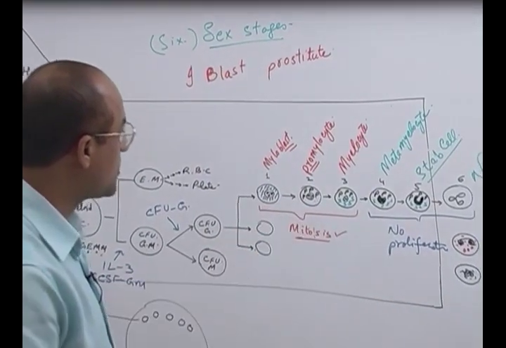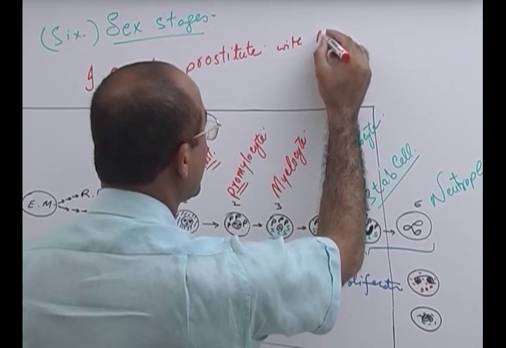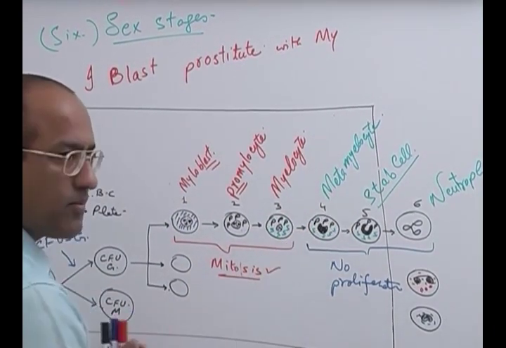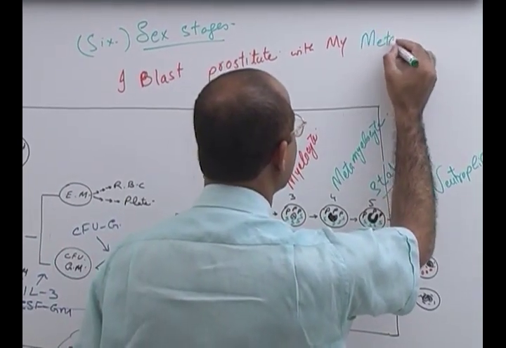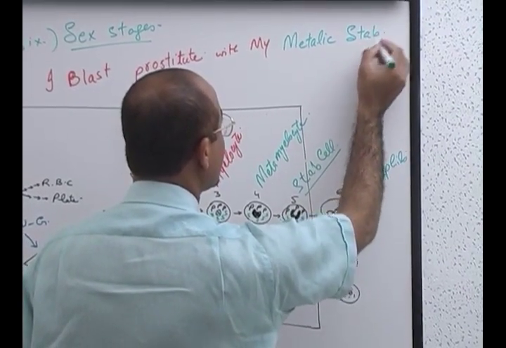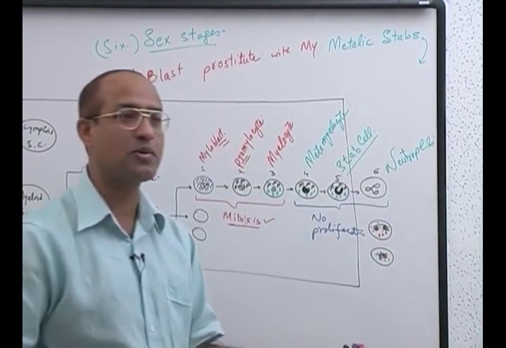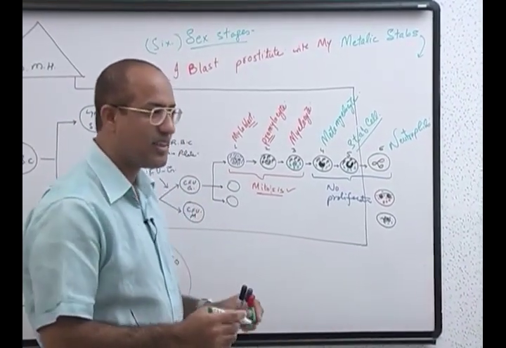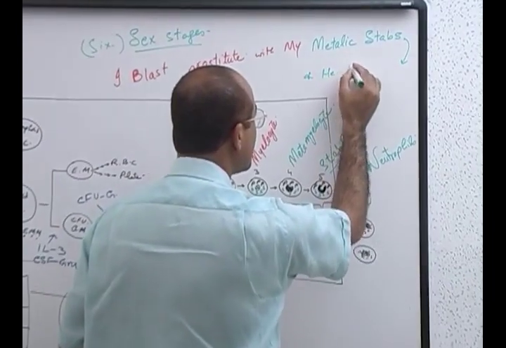I blast prostitutes with my... what is this? Metallic stabs. I think he will end up with the police somewhere if he keeps on telling these statements everywhere. Metallic stabs. And then he says he looks very neutral after that, as if he has not done anything. It's very bad, isn't it? In the end, he himself looks neutral after that.